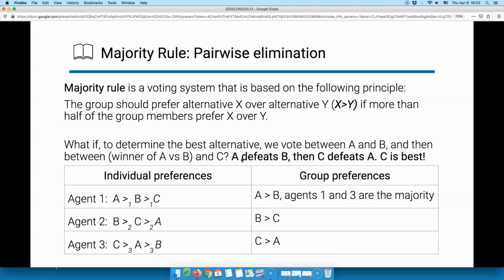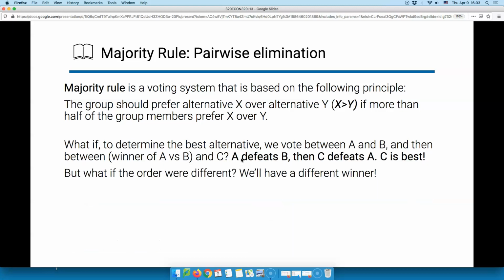And the problem with this pairwise elimination is that if we were to change the order in which we vote between pairs of alternatives, for example, if we were to vote between B and C first and then compare A to the winner of B and C, the overall winner of this procedure will be different.